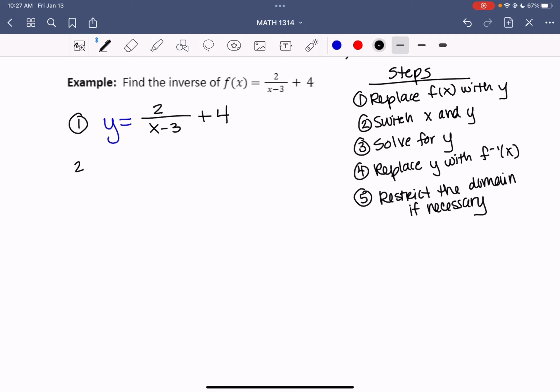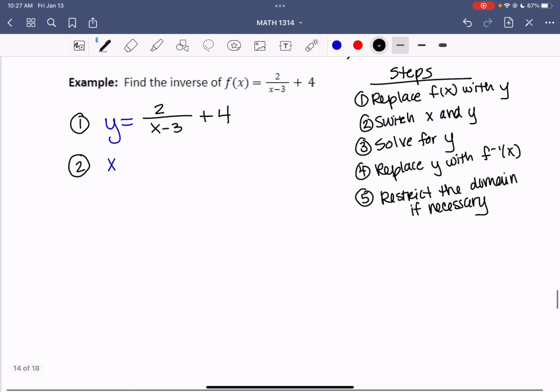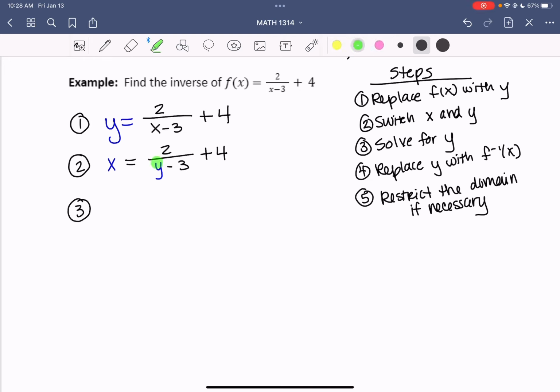So all I did was change it to y. Step number 2 says to switch x and y. So instead of y to start with, I'm going to say x. I'm going to keep everything else the same. And then instead of x minus 3, I'm going to say y minus 3. Step number 3, solve for y.